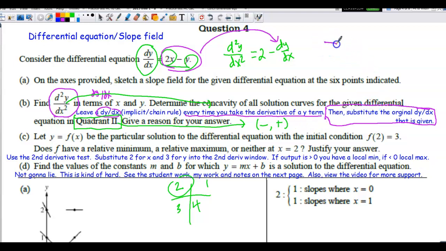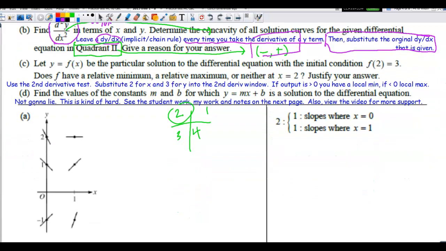Is the second derivative going to be greater than 0 and the original concave up, or is the second derivative going to be less than 0 and the original function concave down? Now remember, we said we're substituting a negative value in place of x and a positive value in place of y. So let's look at what they did in the scoring guide.